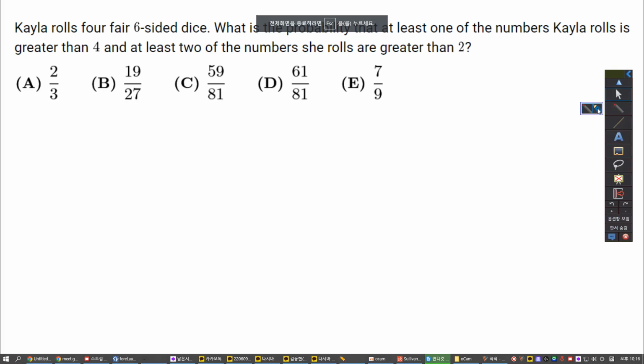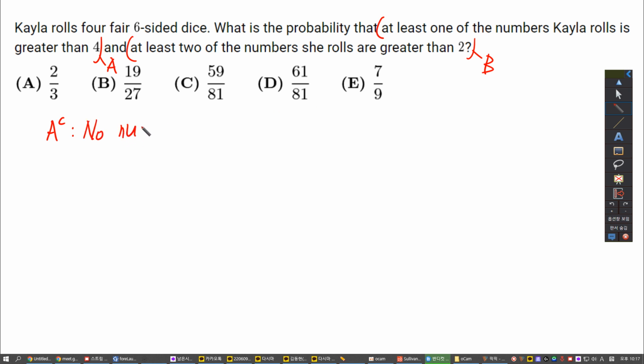Yeah. So let's see. I think we need to think of a complement to solve this problem. The complement means, so the first event, let's just say this is A and this is B. A's complement means no number is greater than 4, right?